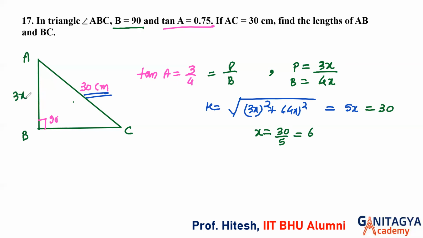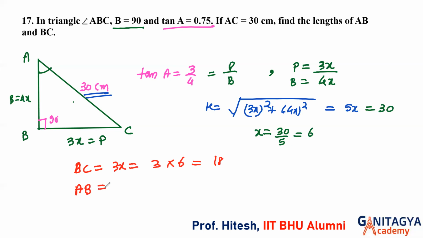No, A is given. So BC is 3x. Remember, the perpendicular opposite to A will be 3x, and this is base 4x. Okay, and what is the value of x? 6. So BC will be 3x is equal to 3 into 6, that is 18, and AB is equal to 4 into 6, that is 24 centimeter.